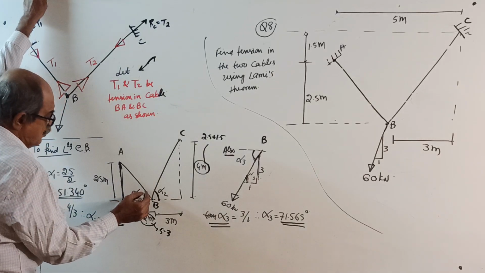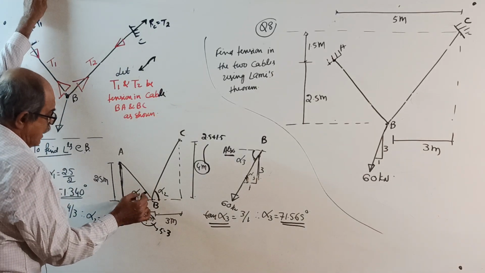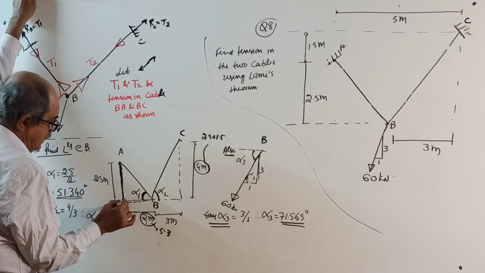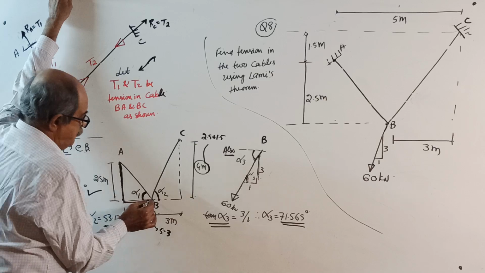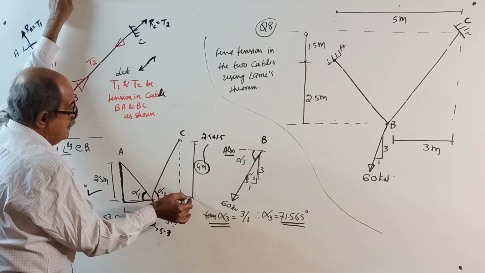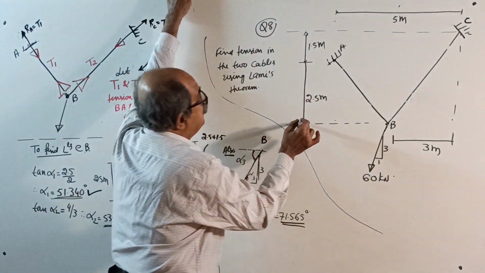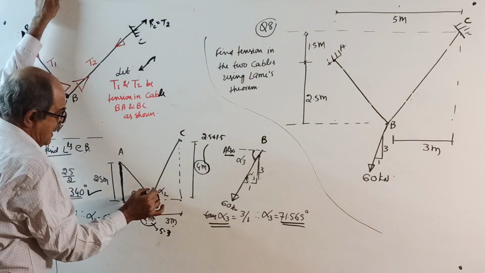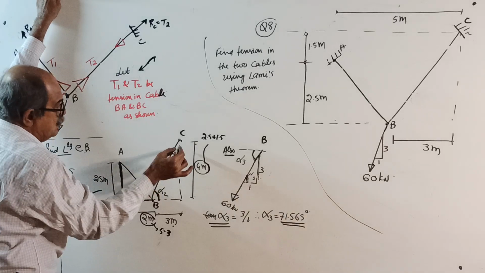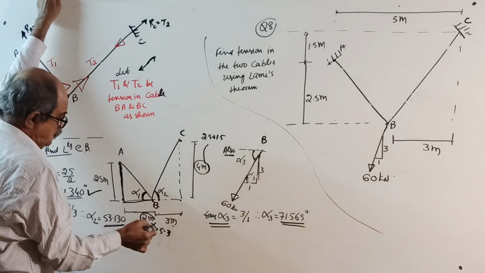So suppose I call this angle alpha 1, tan alpha 1 equal to 2.5 by 2, you get alpha 1. Same way, B to C is 3 meter given, and height is 2.5 plus 1.5, total 4 meter. If I call the angle alpha 2, tan alpha 2 equal to 4 divided by 3, you get alpha 2.